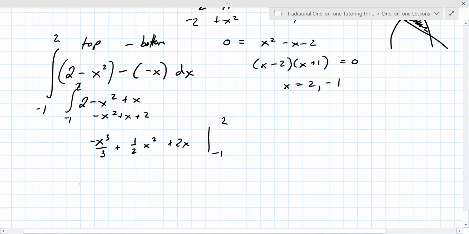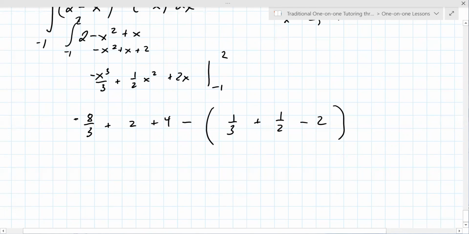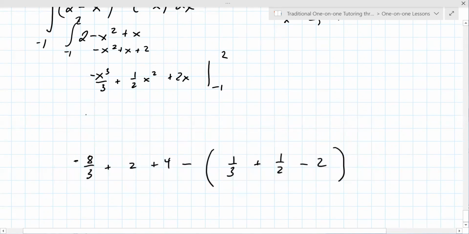So then it's 2. So 2 minus 2 cubed over 3 plus 2 squared. 4 minus 8/3. Isn't it 4?